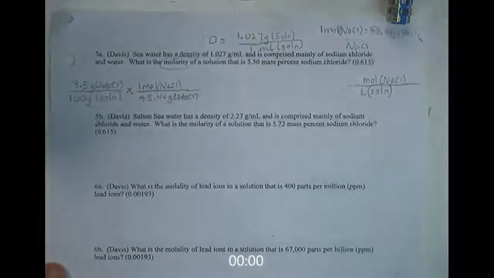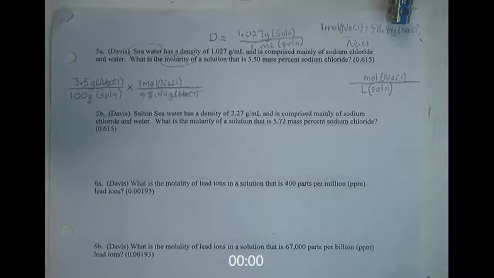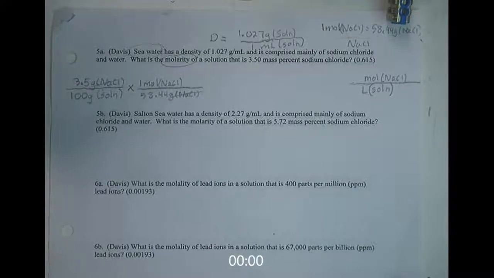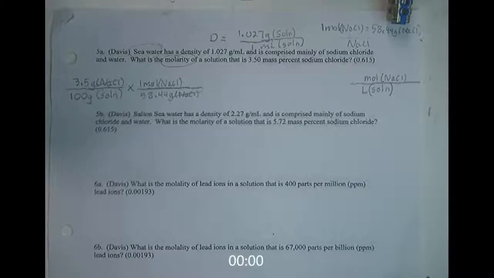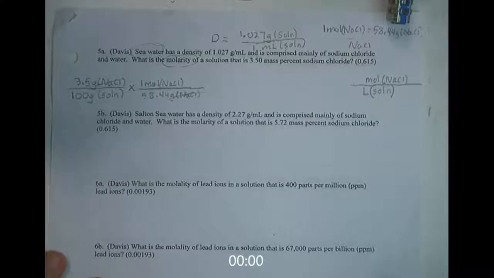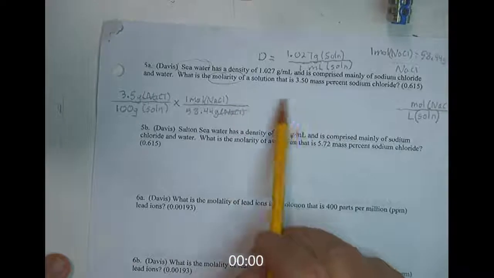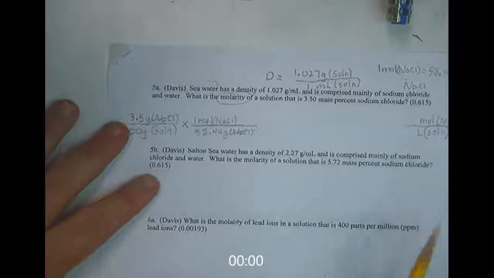So we're all set on the numerator on the top. Now we have to get from grams of solution to liters of solution. Well, we have this conversion up here. I'm going to do this up on the top so it doesn't clutter up the equation down here. But we want it in liters, not in milliliters.